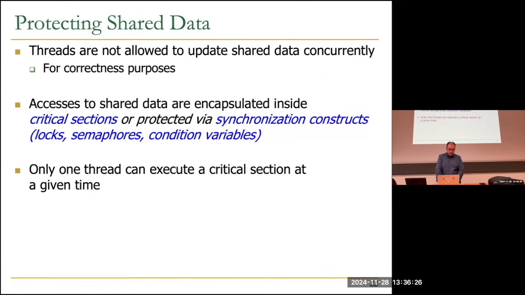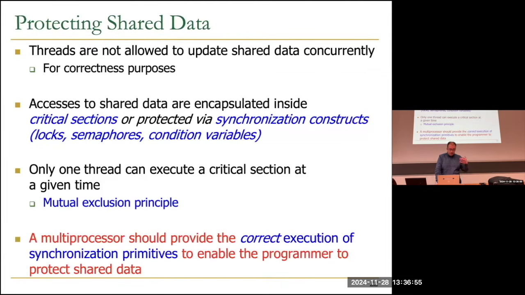So we know that only one thread can execute a critical section at a given time, which we call the mutual exclusion principle. This is at the software level. We want to see that if you write code which is correct at the software level, so you have done a good job in making these critical sections and handling them, but you run that code on the hardware, is it going to work or not?